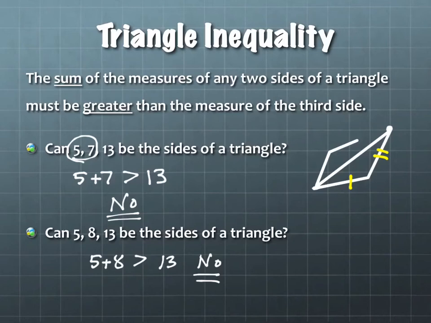I don't have another example, but if I did, like I told you, 5, 8, and 11, this one would work, right? 5 plus 8 greater than 11, the answer would be yes. So it can fail because it's smaller, like on the first bullet point, or it can fail because they're actually equal. Or it can pass. I mean, it can pass the criteria because it actually works out to be greater. Any questions on that one?